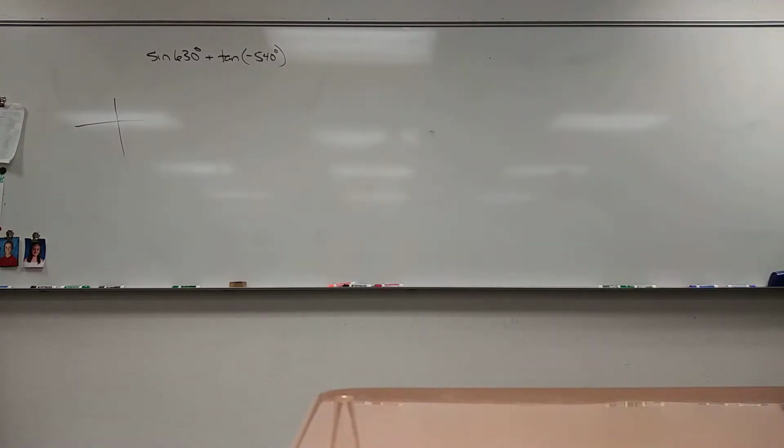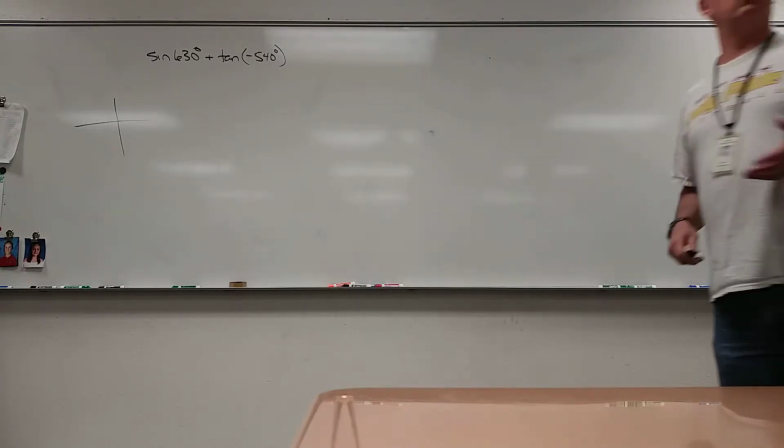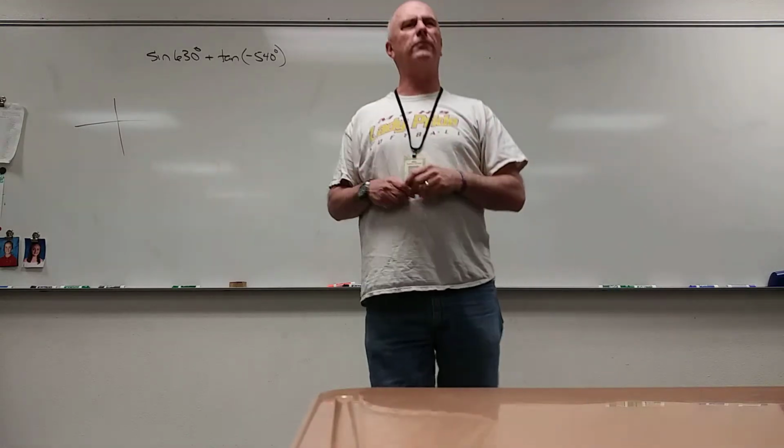Is sine a problem? No. Is tangent a problem? Is the plus a problem? So what's the problem? Okay, the negative. Ethan doesn't like the big numbers. For me, the negative, we just go the opposite way. So we'll figure that out.